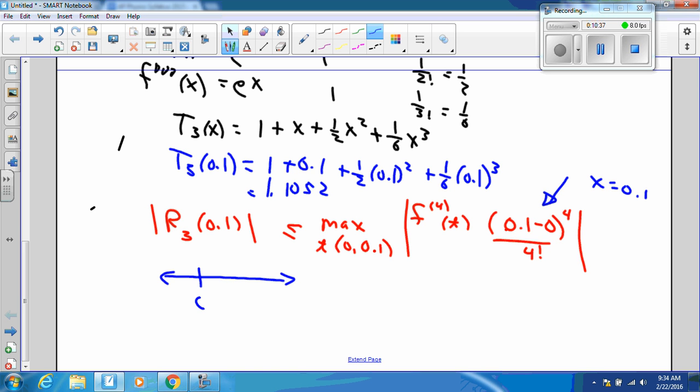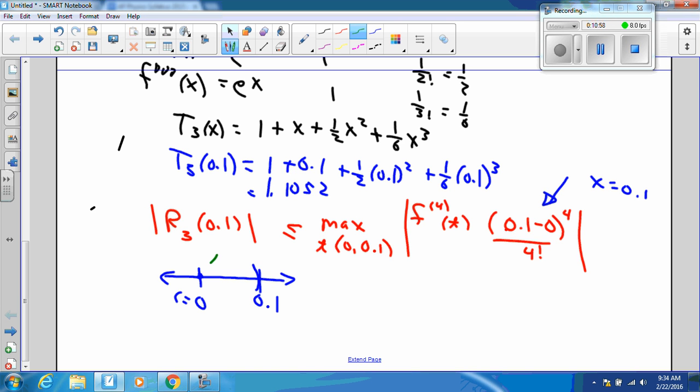So if I were to get a number line going here, what I'm doing is going from my center c all the way out to my point of evaluation. And I'm going to compute that distance right there. That distance is the distance that goes in right here.